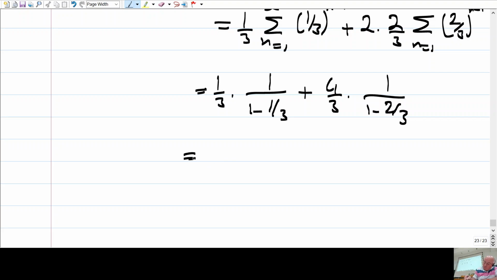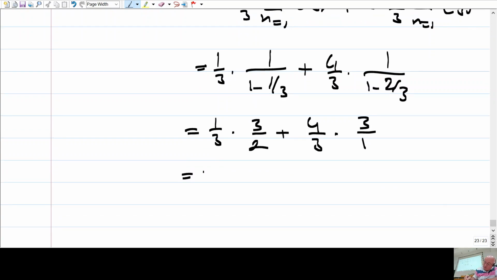What is this? 1 over 3 times, here it is 2 over 3, so 3 over 2. Plus 4 over 3 times, here it is 1 over 3, so 3 over 1. What is this? 1 over 2 plus 4, so 9 over 2. Okay, now it's correct. Any questions so far?